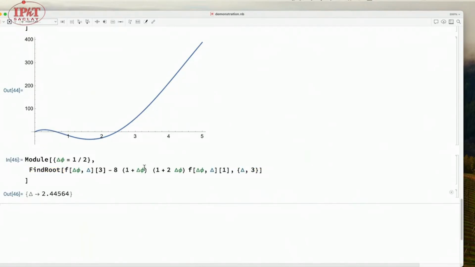So what we have shown is that for any CFT, the OPE of two operators of dimension 1/2 needs to have, besides identity, another operator whose dimension is less than this number, 2.44564. And this is rigorous. Even though we truncated the full equation to some finite dimension, we are still using valid constraints.